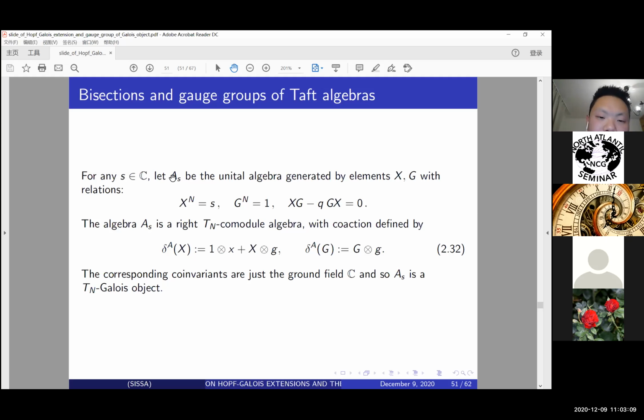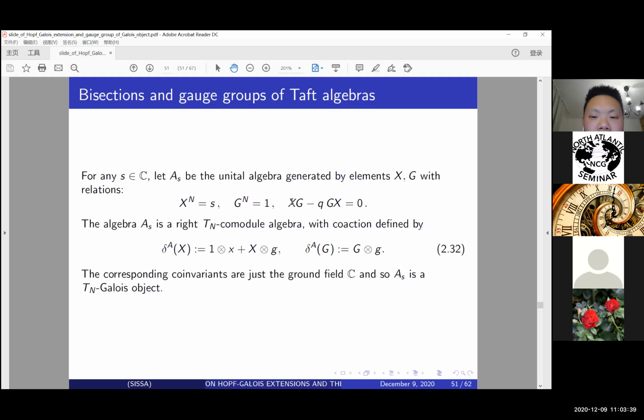For each s they have an isomorphism class of AS satisfying the commutation relation x to the n equals s and g to the n equals 1, and so on. And this is the corresponding Galois object. So XIAO, you claim that there is only one complex parameter which classifies this. Yes, it's only one parameter.